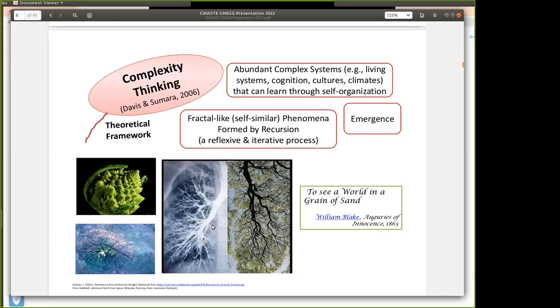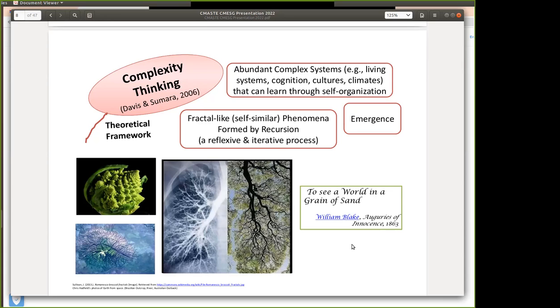So the similarity between the human lung and the trees is very obvious, and they are all complex systems. A complex system actually has the ability to demonstrate some holistic features that are not possessed by any of the parts. And William Blake's poem captured this feeling of self-similarity very well: to see a world in a grain of sand.